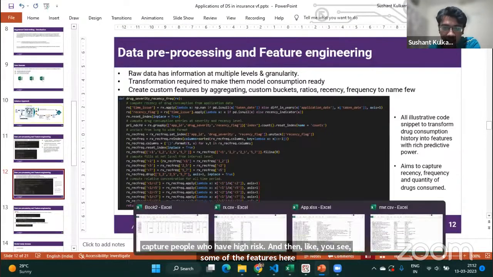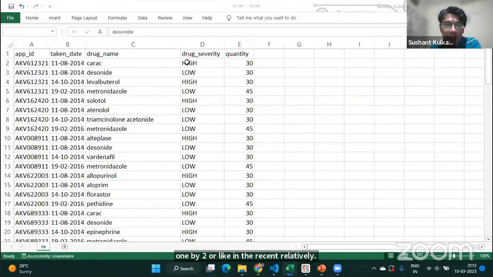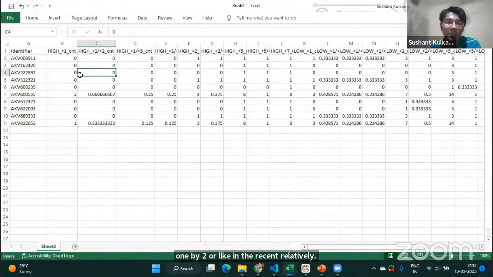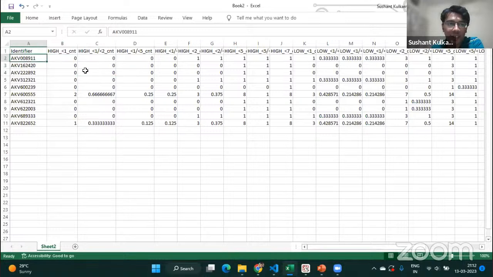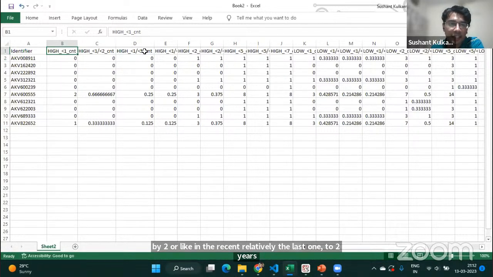If I show you a sample of how this would look, for the same data set we saw earlier, if you run this code snippet, you'll end up with something like this. For this particular application, you will see how many high frequency drugs were taken in the last 1 year, similarly the last 2 years, 5 years, 7 years, and you can also compute some ratios.